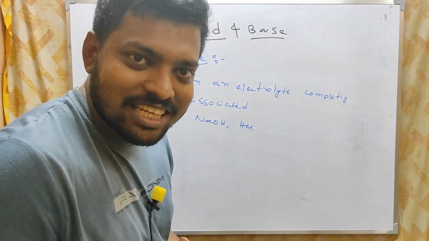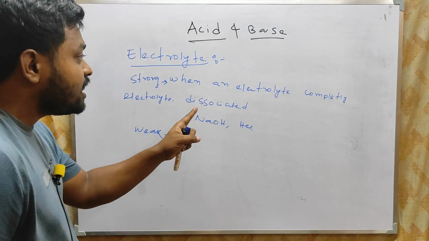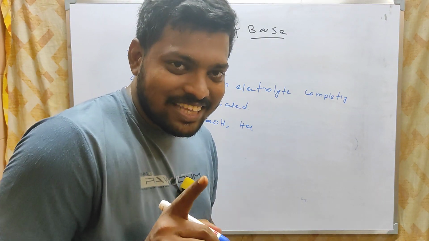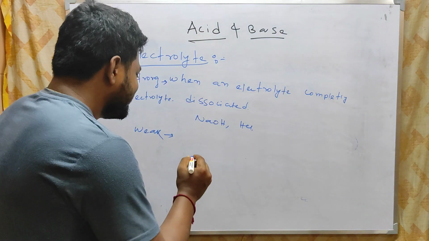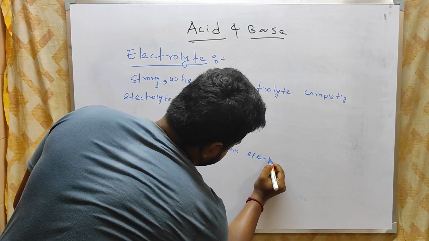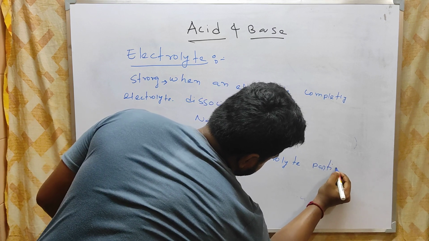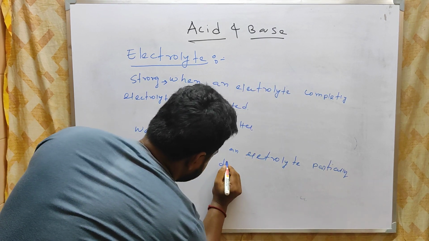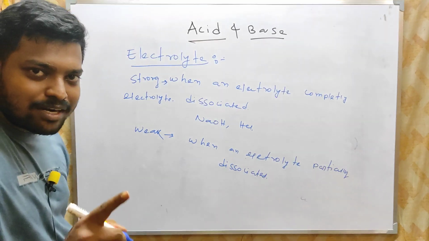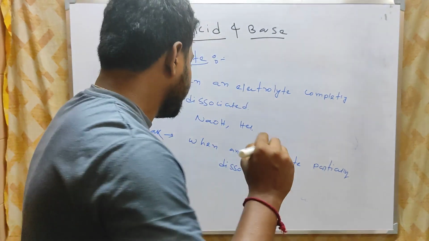And what is a weak electrolyte? When an electrolyte does not dissociate completely, that is, it partially dissociates, it is called a weak electrolyte.